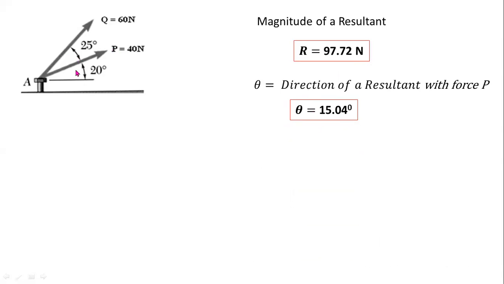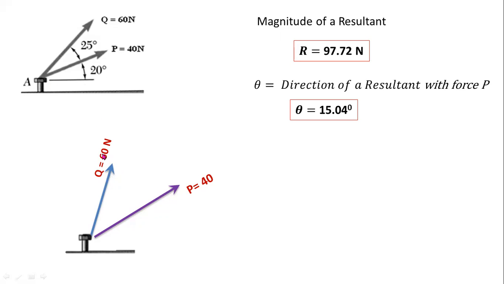This is the given diagram. Now I am showing the final diagram. This is the bolt. Now I am drawing the force P equal to 40 newtons and Q equal to 60 newtons. These two are the given forces, P and Q.